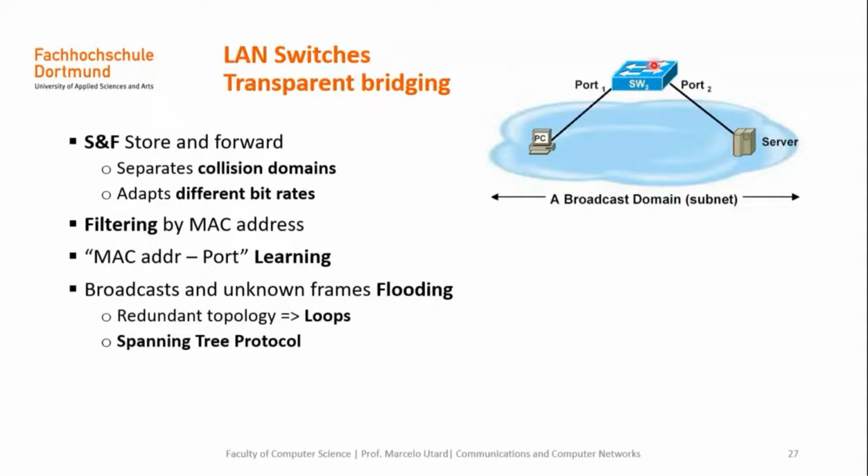But the difference between a LAN switch and the repeating hub is that the LAN switch typically performs a store and forward function. The end system, for instance, transmits a digital signal over this point-to-point segment. This could be a twisted pair or a fiber cable, typically with the possibility to transmit over one twisted pair or fiber, and to receive over another.